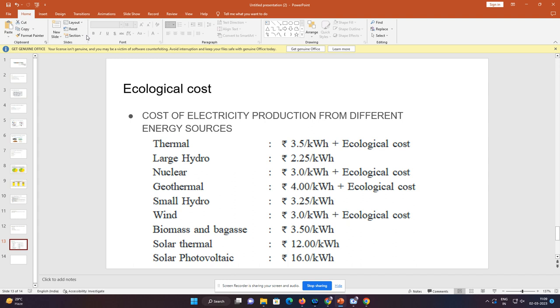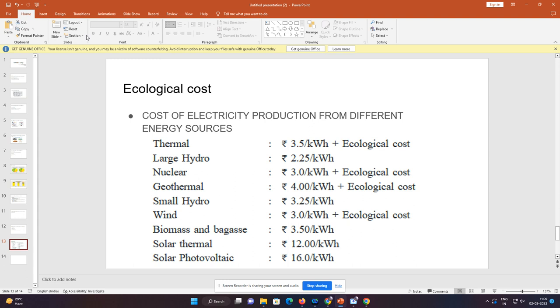This is also termed green accounting cost of electricity provided from different energy sources. The market penetration of any technology depends upon the economic and financial advantages.